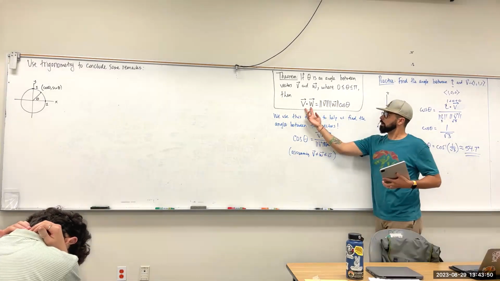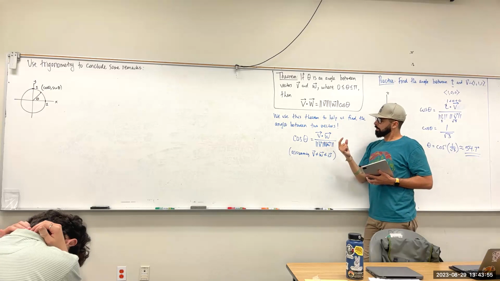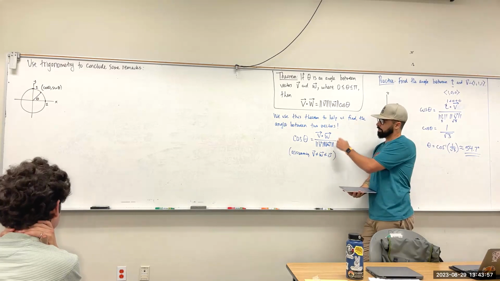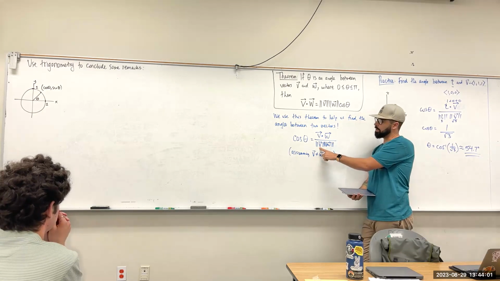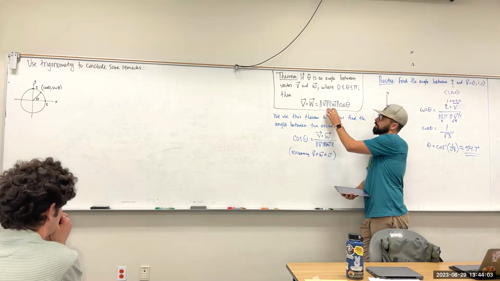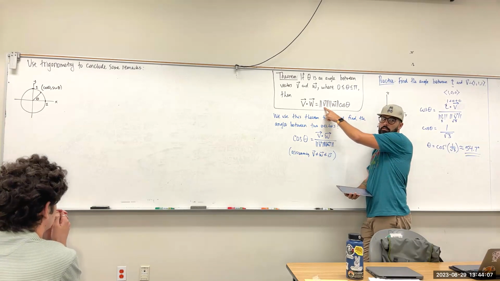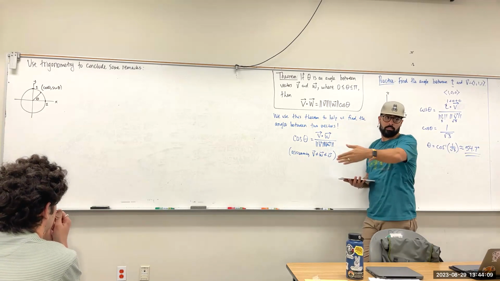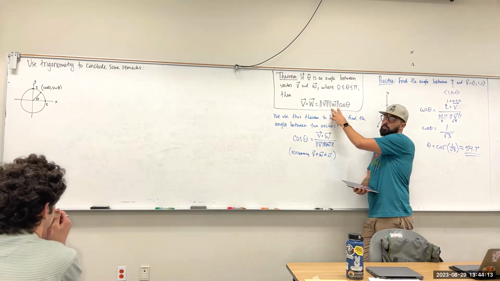So what I want you to notice is when I do the dot product here, let's look at it. Will the magnitude of v ever be negative? No, because if we're thinking of it as length, this will always be positive, and this will always be positive.